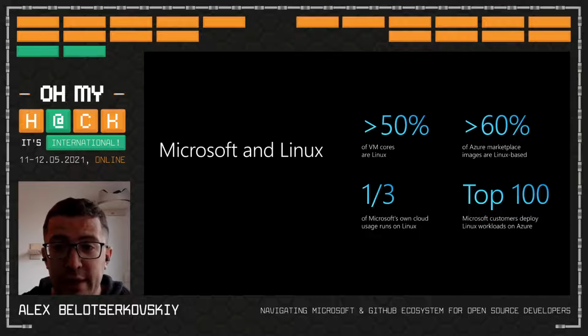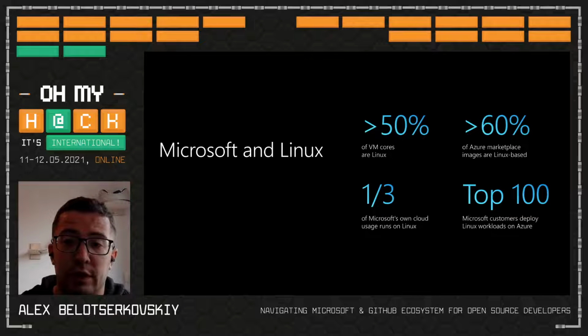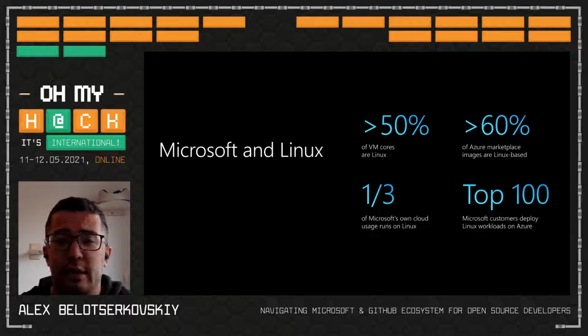It means that if we are doing that, we are contributing back to the community. And it usually results in a lot of news and announcements from Microsoft. I will touch on this in a minute.